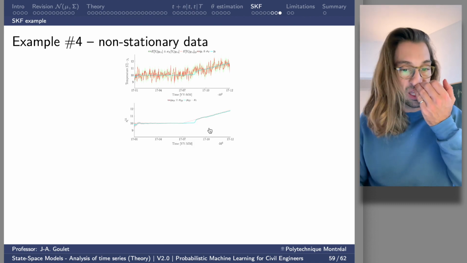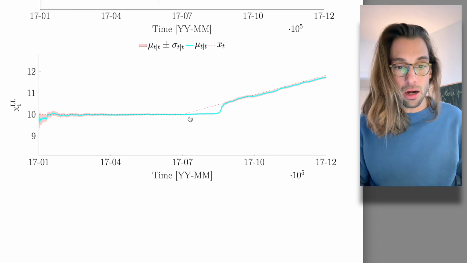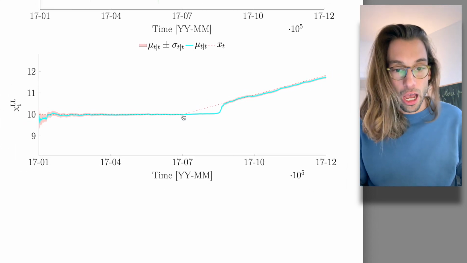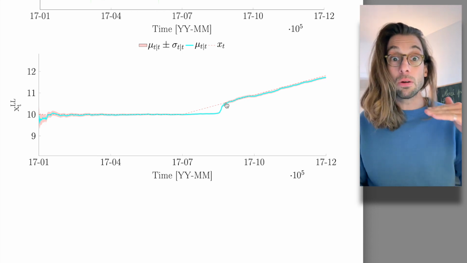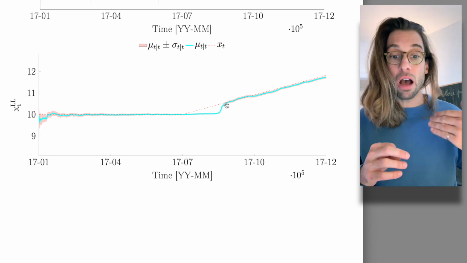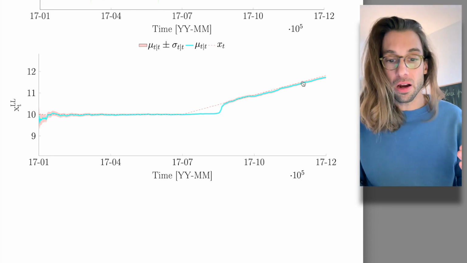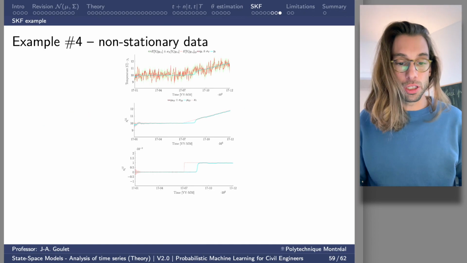Same here, the underlying truth is the red line. It takes some time to realize that my current zero speed model is not explaining well what's going on, and I need a regime switch. This is what we have here. And now that we switch the regime, we can infer my actual condition.